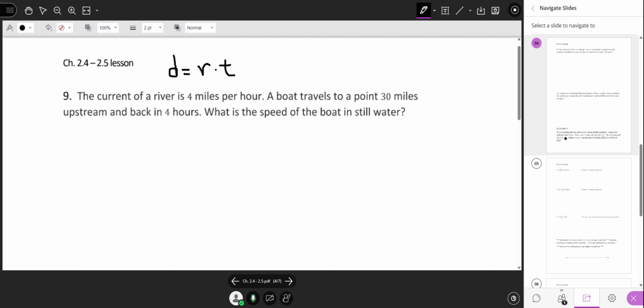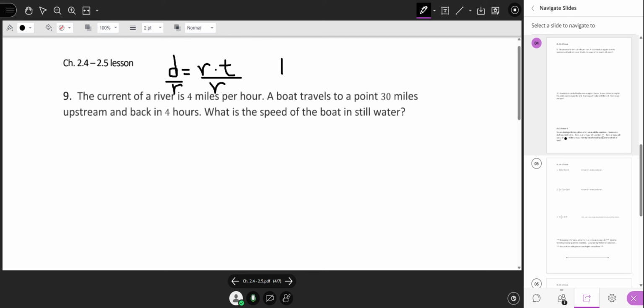I'd never been given an overall time for both up and downriver, so I had never had to do it this direction before. So we have an overall time.